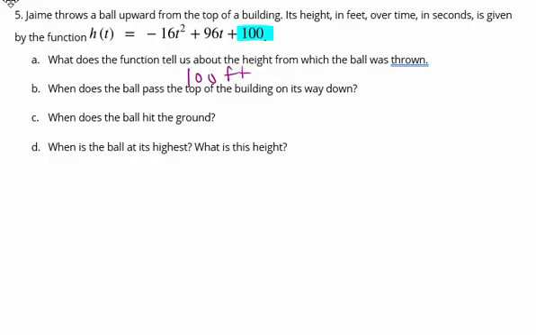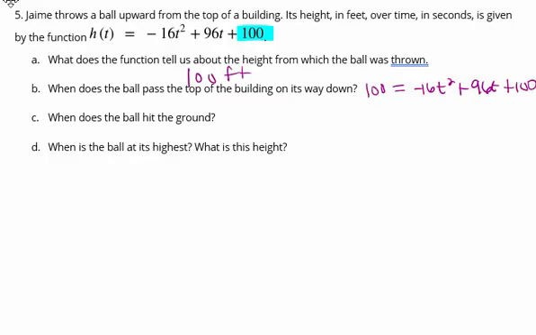Okay, when does the ball pass the top of the building on its way down? Okay, so that must be how tall the building is, 100 feet. And so we're going to set up an equation. 100 is equal to negative 16t squared plus 96t plus 100.